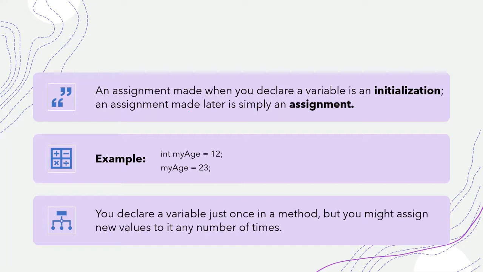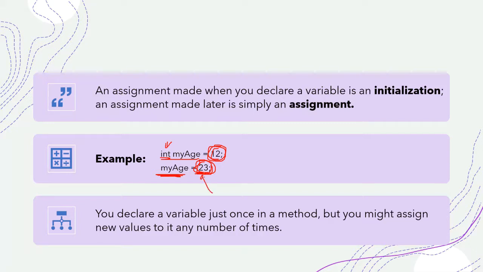An assignment made later is simply an assignment. This one is an initialization. This one, since we are done declaring the variable myAge, is just called assignment. This is not initialization anymore. If you assign a value together with the declaration of your variable, that is what you call initialization.